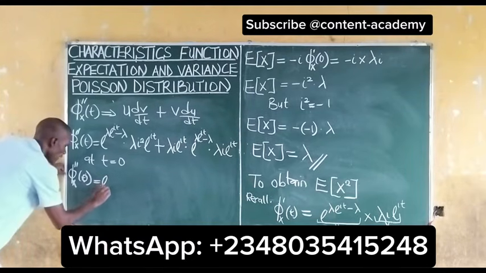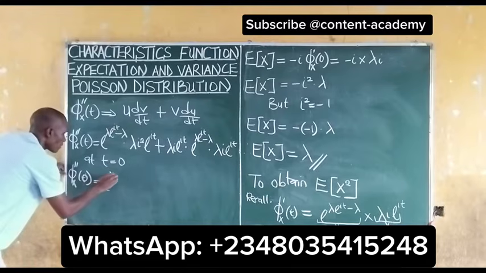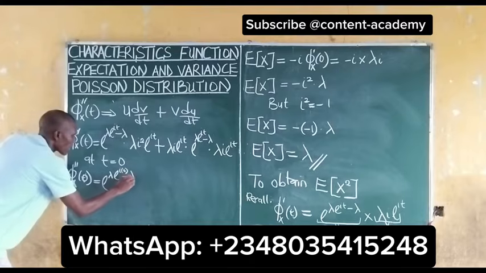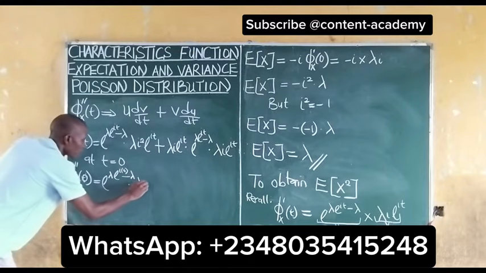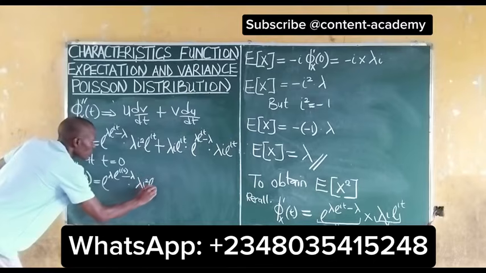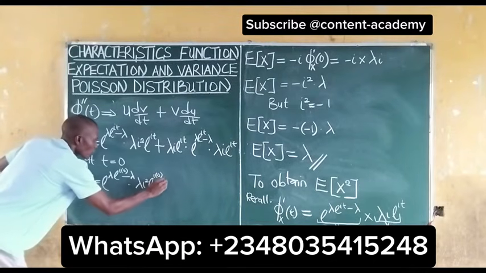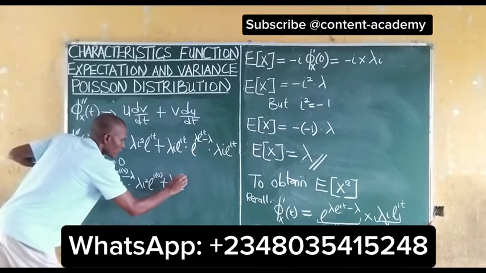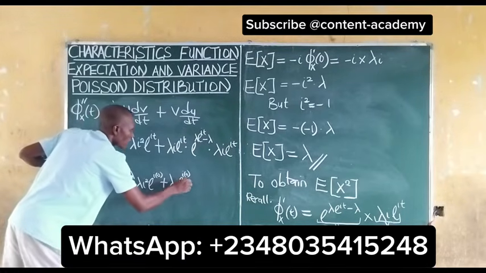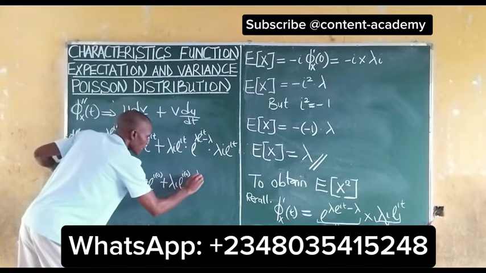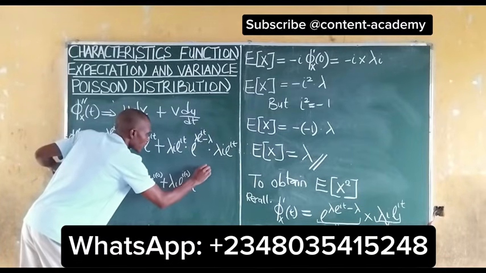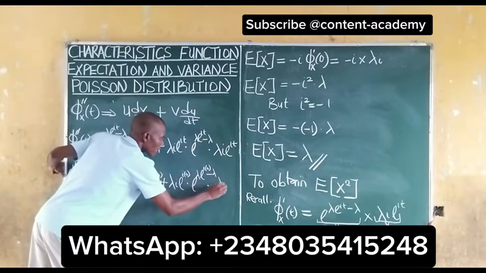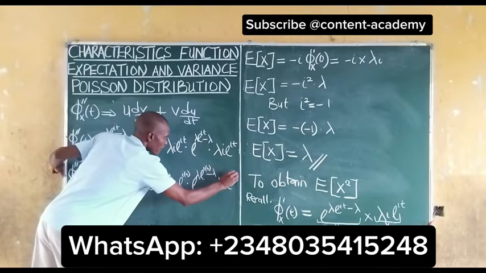So we have that our exponential value, lambda e^(i0) minus lambda, multiplied by lambda i squared e^(i0), plus lambda i e^(i0) multiplied by exponential lambda e^(i0) minus lambda, multiplied by lambda i e^(i0).